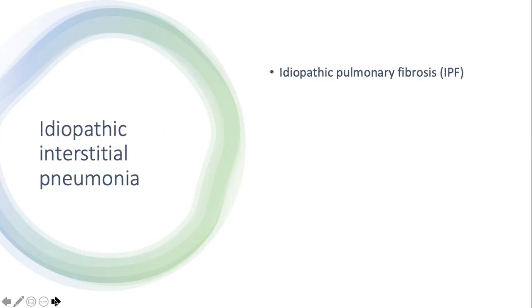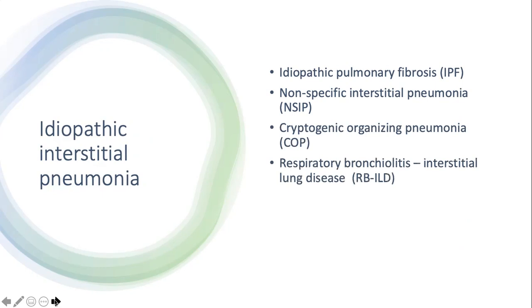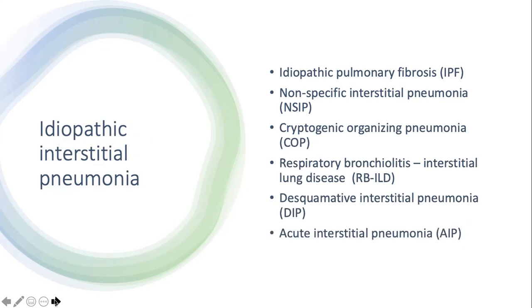There's idiopathic pulmonary fibrosis, which histologically is associated with a usual interstitial pneumonia pattern, non-specific interstitial pneumonia, cryptogenic organizing pneumonia, respiratory bronchiolitis interstitial lung disease, desquamative interstitial pneumonia, and acute interstitial pneumonia.